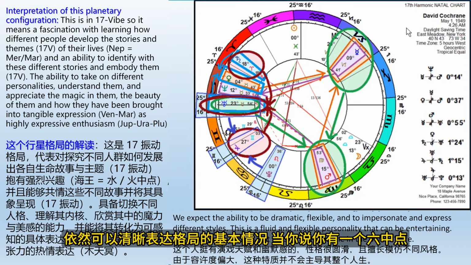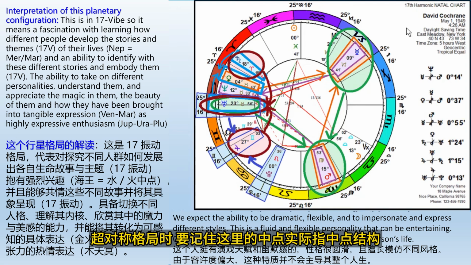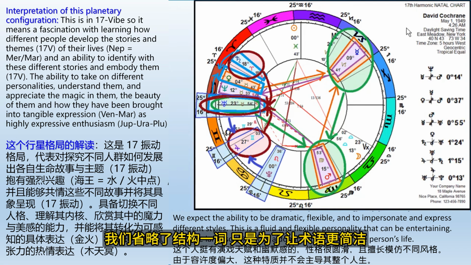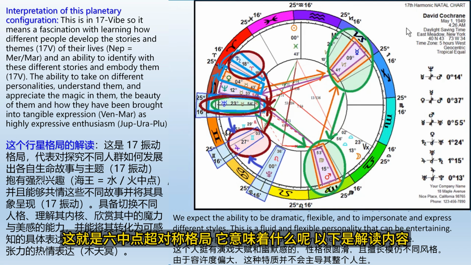It still communicates fairly clearly what's going on. If you say I have a 6 midpoint supersymmetry pattern, remember midpoint in this context actually means midpoint structure. We left the term structure out just to keep the terminology a little shorter. So it's a 6 midpoint supersymmetry pattern.